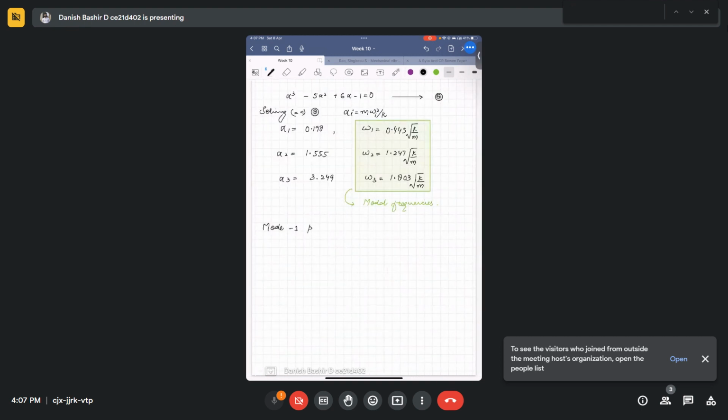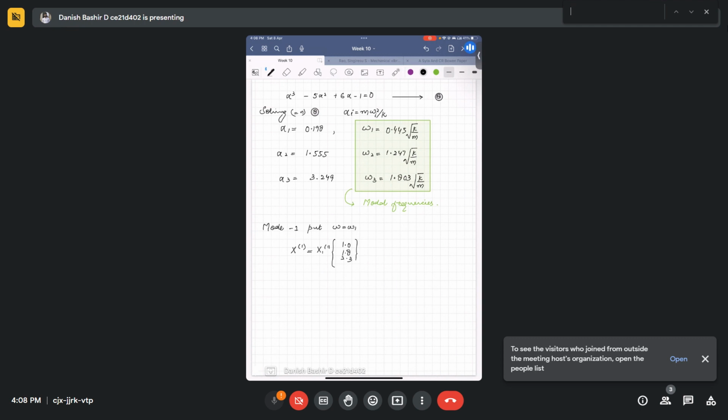Put omega equals omega 1, and we will have the mode 1 vector x of 1 as x1 of 1, and these ratios will be 1, 1.8, and 2.3.